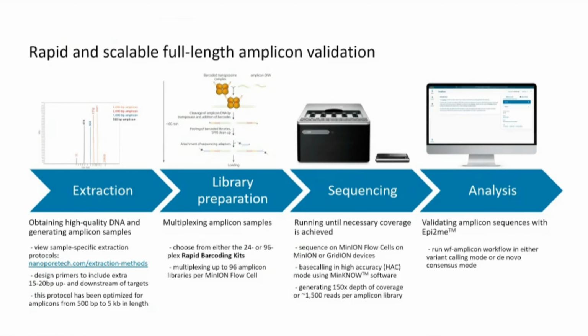The basecalling is recommended to be high accuracy, and normally we just need to generate perhaps 1,500 reads per amplicon library or per sample. For the analysis, the EPI2ME software developed by ONT can help us analyze our amplicon sequencing data directly out of the sequencing process.